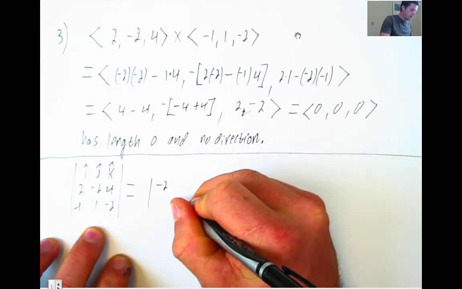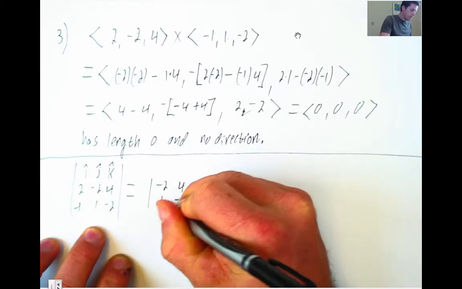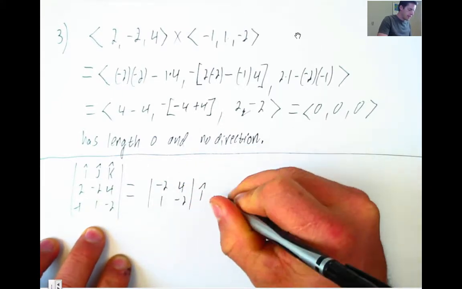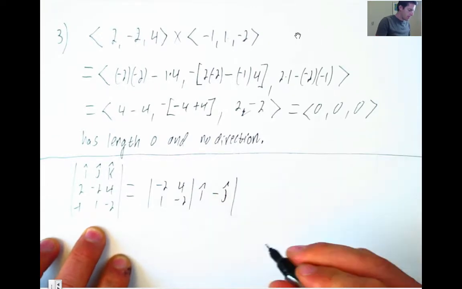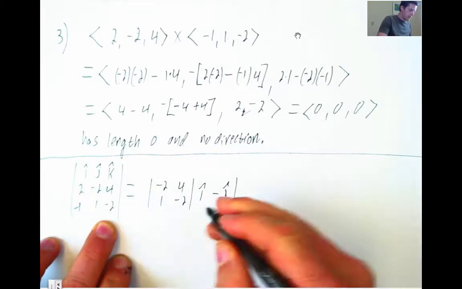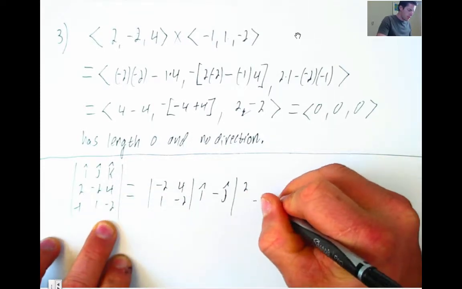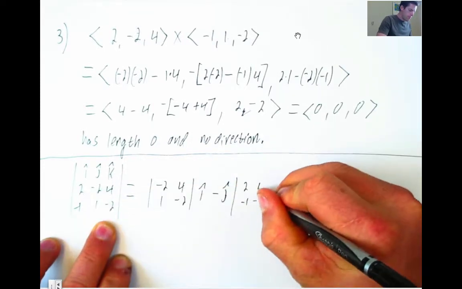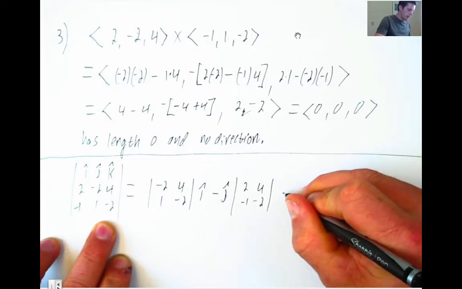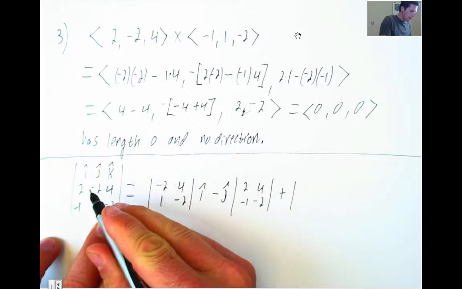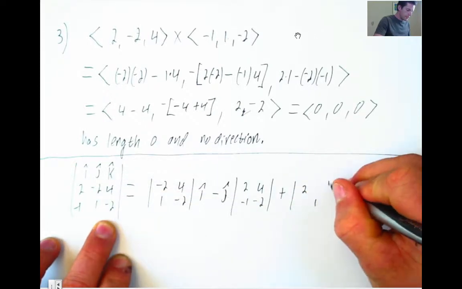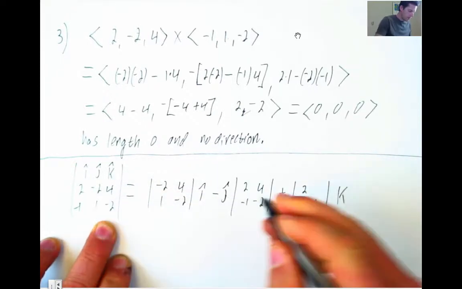Negative 2 for 1 with an i hat, and minus j hat with this determinant, so 2, negative 2, and then negative 1, 4. And then I add the k, 2, 1, k direction, and negative 2, negative 1.